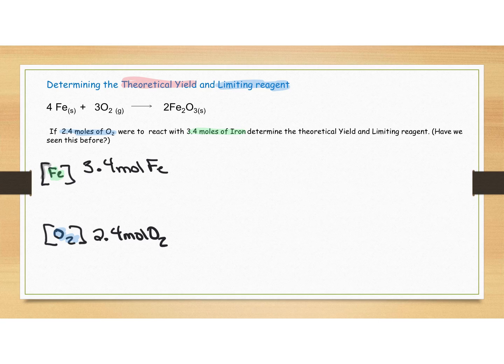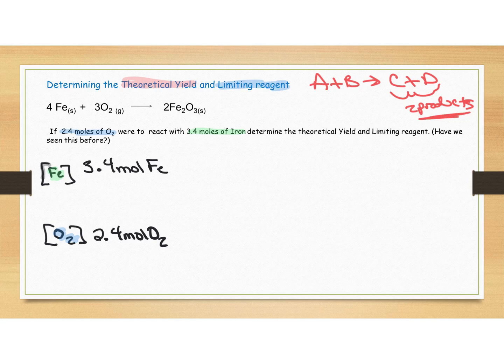Of the product. Okay, of the product. In a generic chemical equation, I would have A plus B goes to C plus D. Normally, I am given two products. Okay, and so then they'd have to ask me, determine the theoretical yield and limiting reagent for product C or product D.